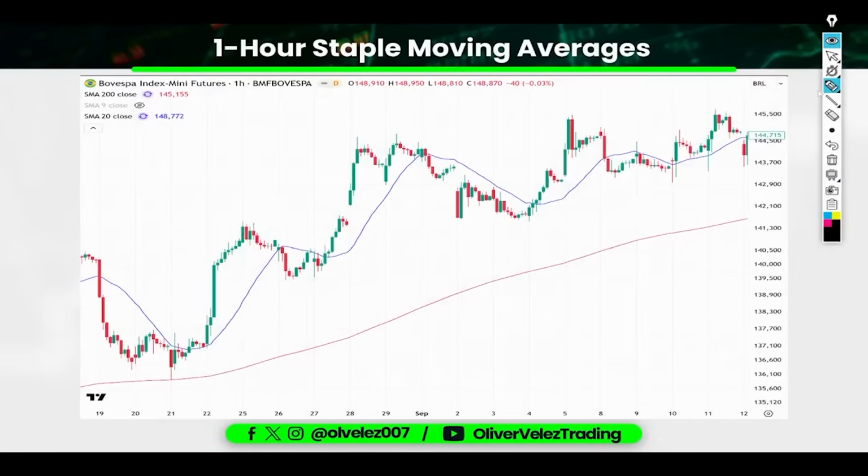Let's take a look again. Now, notice here where all 3 items are close together. Here's the Bovespa, here's the 20, and here's the 200, close together. Then they get wide apart. That has to come back in, all right? And you get wide apart again. That has to come back in.